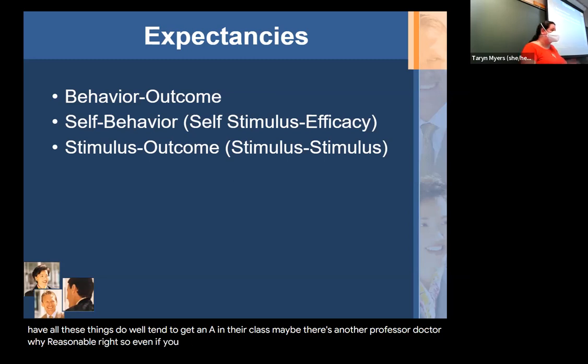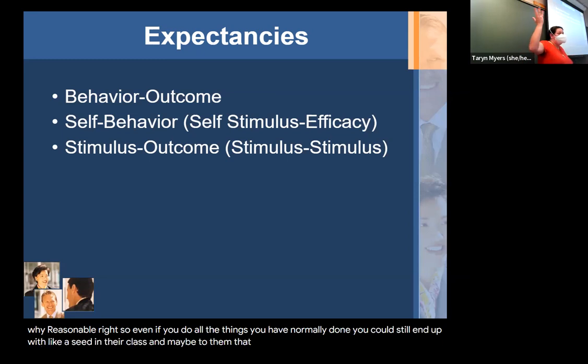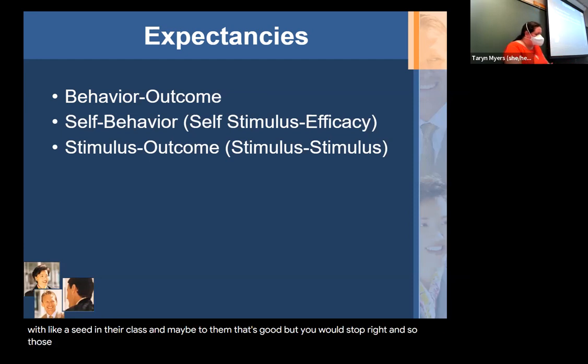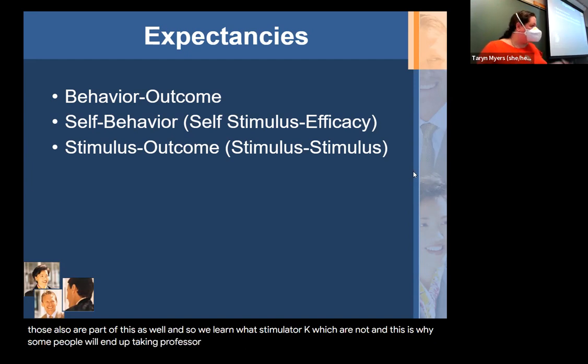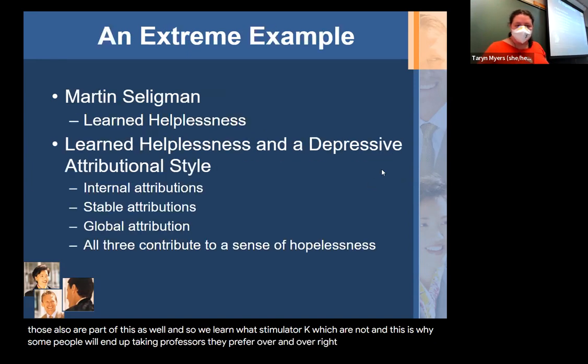So even if you do all the things you've normally done, you could still end up with a C in their class. And maybe to them that's good, but to you it's not, right? And so those also are part of this as well. And so we learn what stimuli are okay, which are not. And this is why some people will end up taking professors they prefer over and over, right?